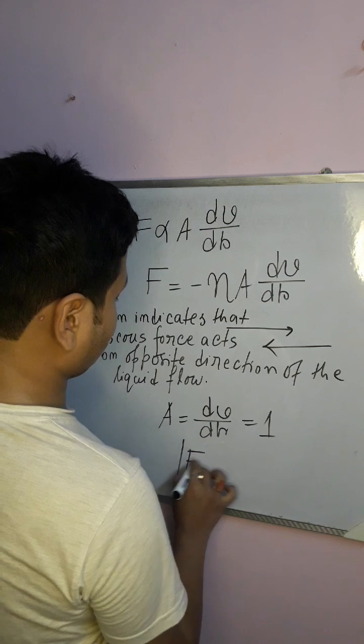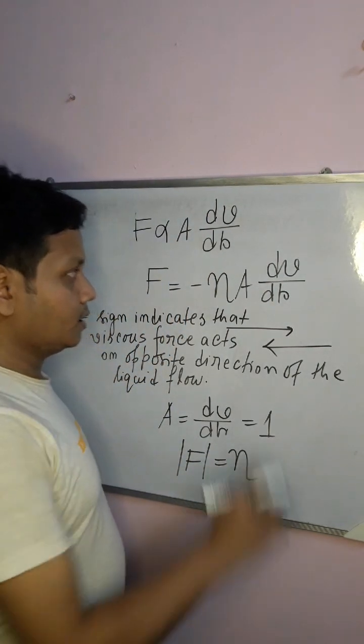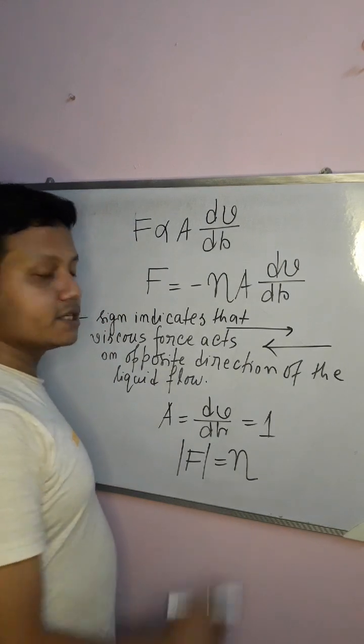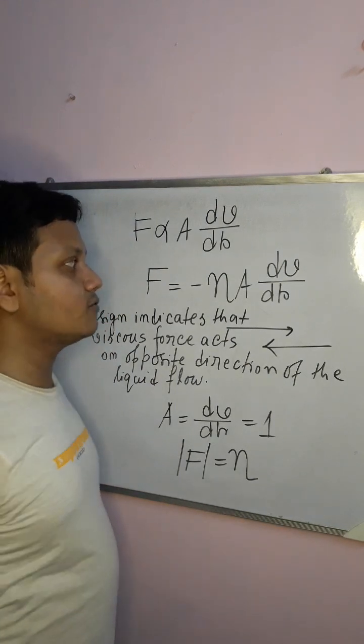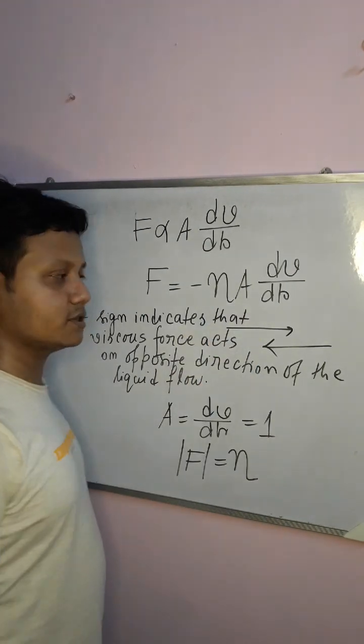Now if we make A and dv/dr unity, and take the magnitude of this force, then it becomes eta. So the coefficient of viscosity is the tangential force acting on unit area to maintain unit velocity gradient.